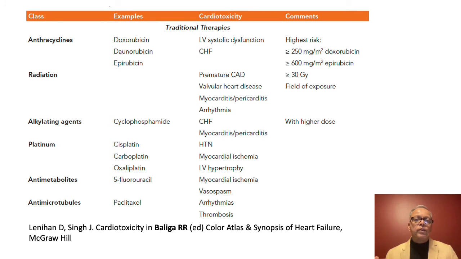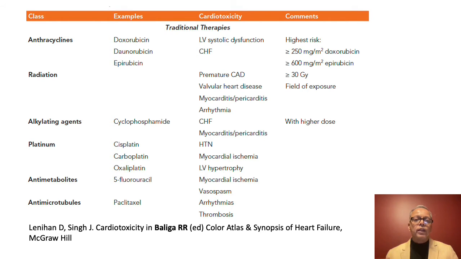Radiation causes premature coronary artery disease, affects the valve, may affect the myocardium, causing myocarditis, pericarditis, cardiac arrhythmias. And the key drivers for radiation are a dose more than 30 gray and when the heart is in the field of exposure. Other medications like alkylating agents like cyclophosphamide can cause heart failure.